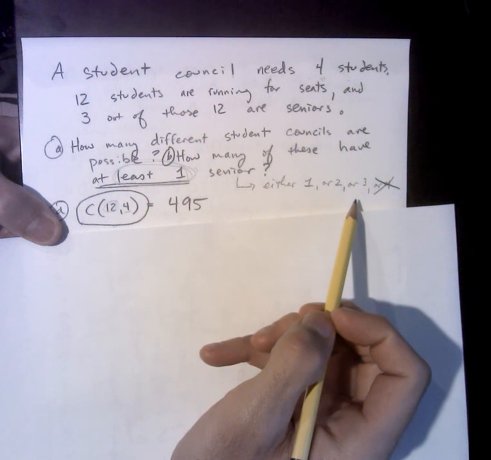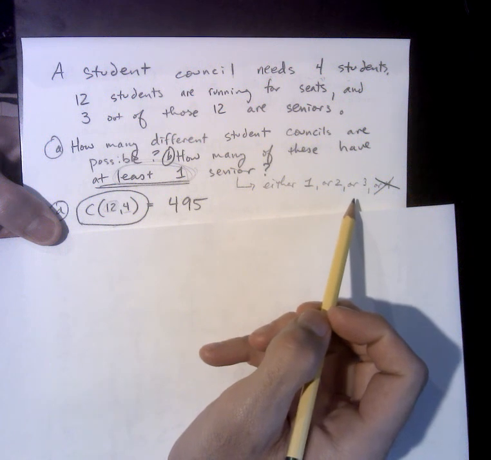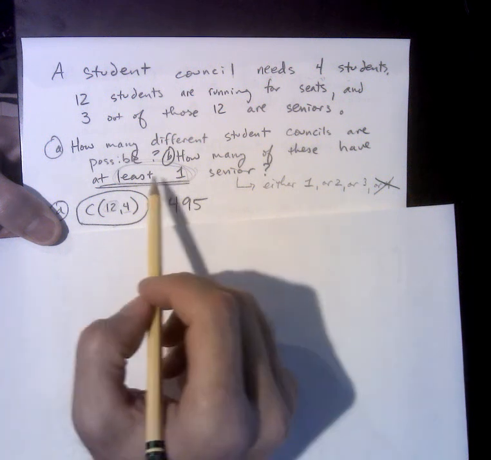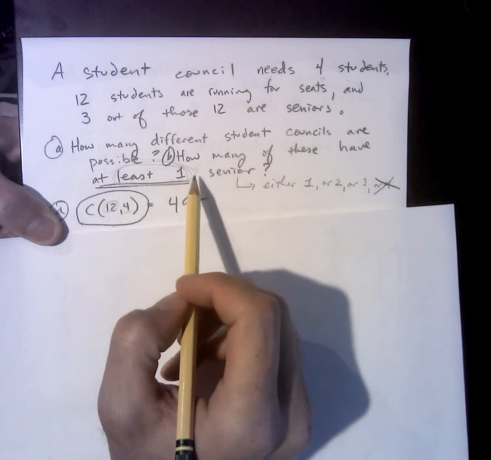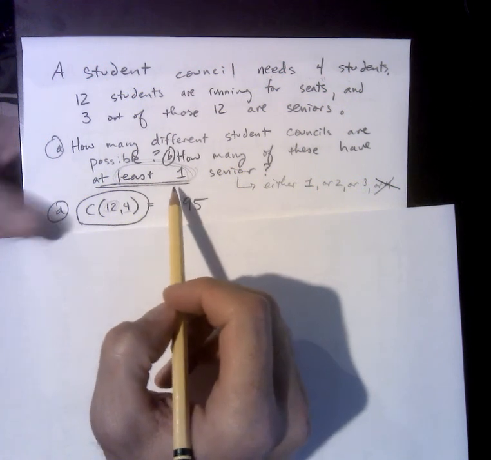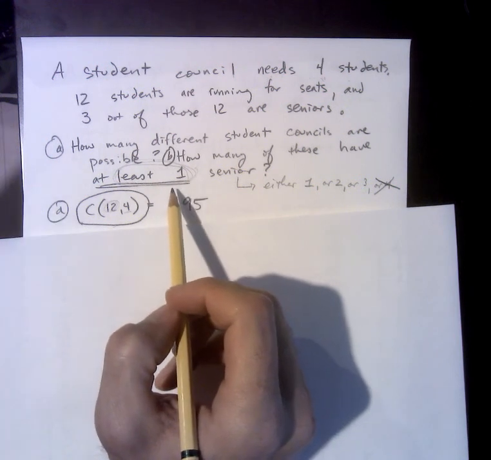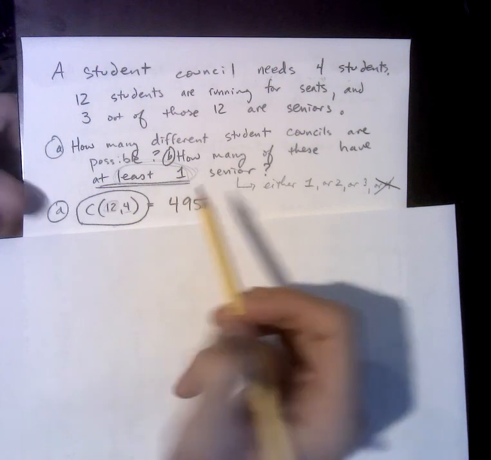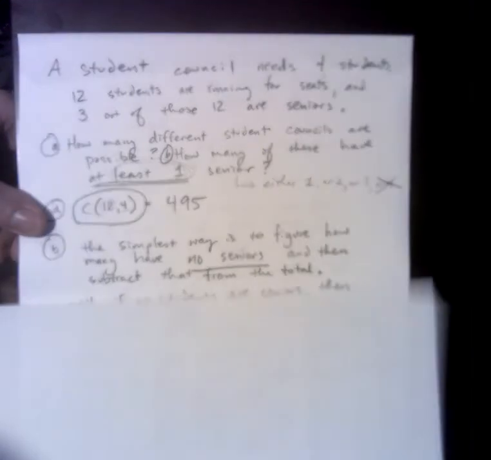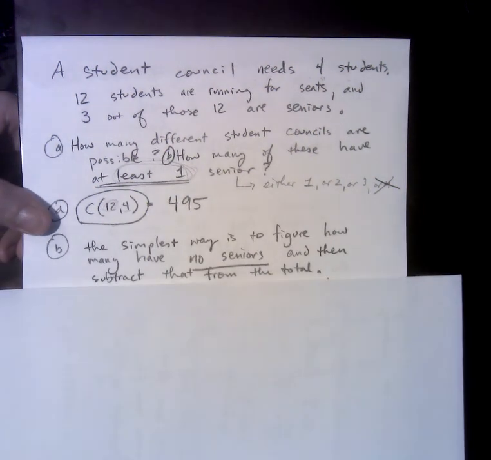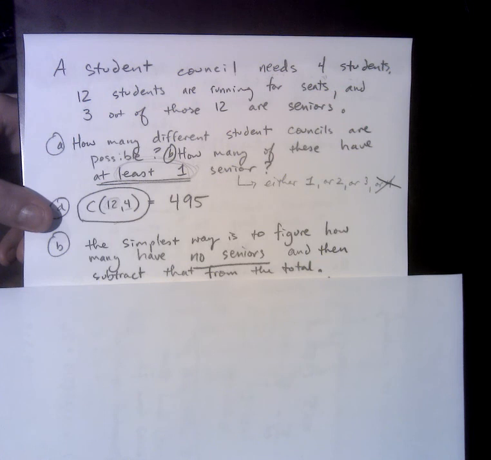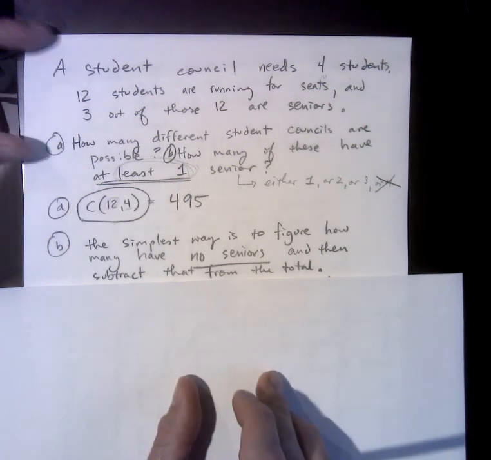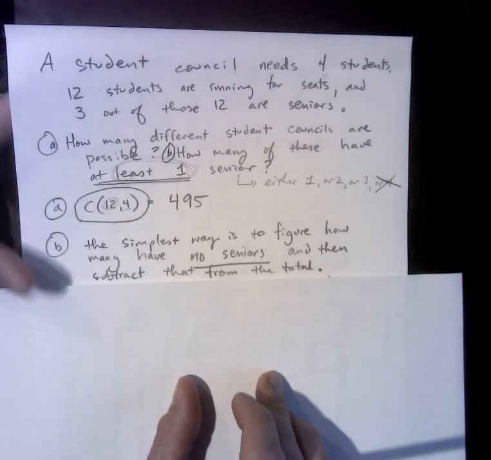The easier way to do this problem is to figure out how many ways there are for this not to happen. How many different councils don't have at least one senior? In this case, that means how many councils have no seniors, and then we're going to subtract that from the total.